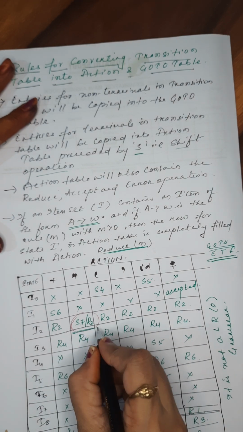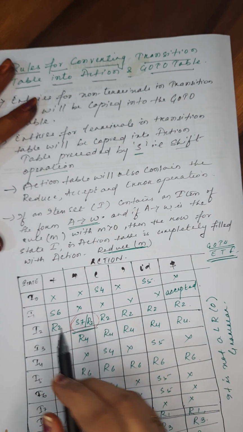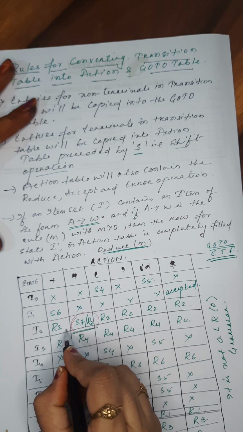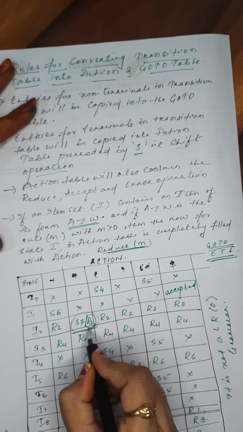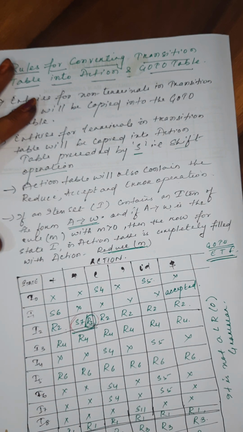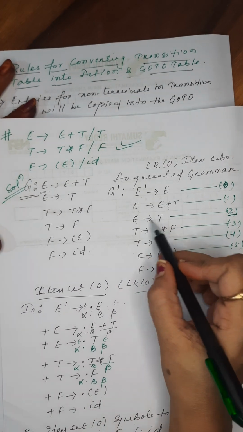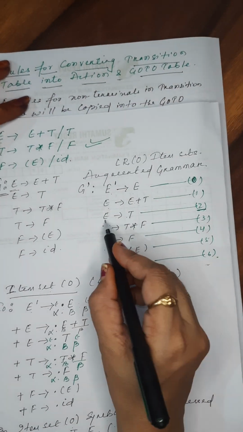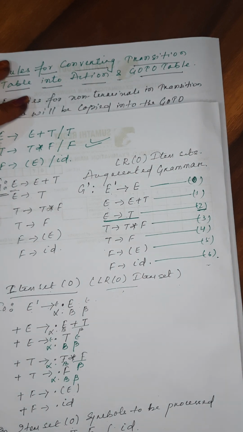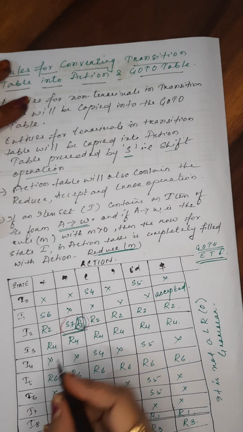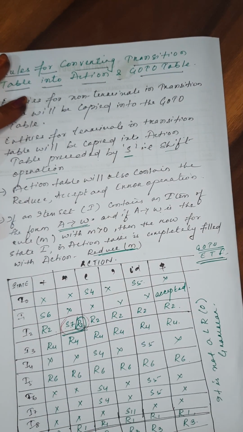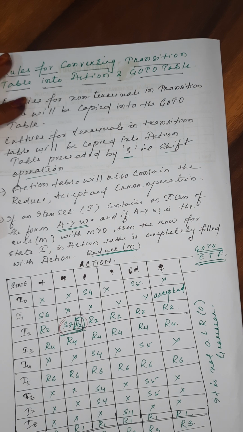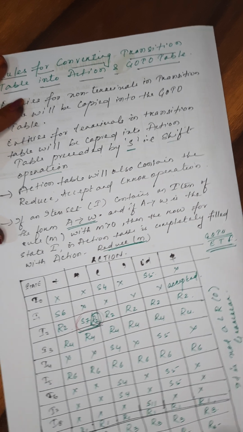So for such cases, if the questions are asked further, then what you have to do is find out R2. What is the rule R2? R2 means which equation number? Check. Equation number R2 is E tends to T. That means you have to find out the first and follow of E, and according to that, which terminal symbols we get, we will make the entries. So one more example we will also do in our next lecture regarding this particular problem.